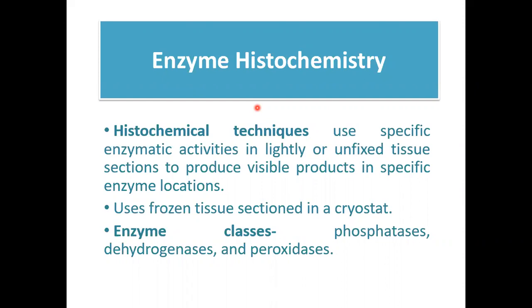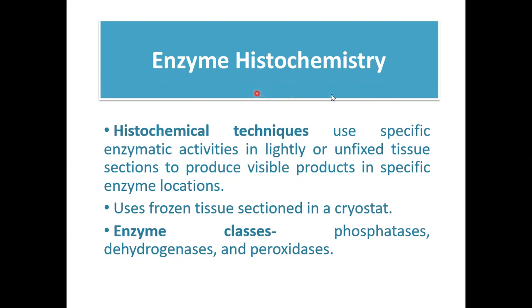This is similar, guys, to autoradiography. Only here, it is the enzyme activity that we look for: where in the tissue or where in the cell this enzyme is doing its activity. So we do localization of the enzyme by detecting where exactly in that cell or in that tissue this enzyme is performing its activity, or its function. Okay, so that's your histochemical techniques.